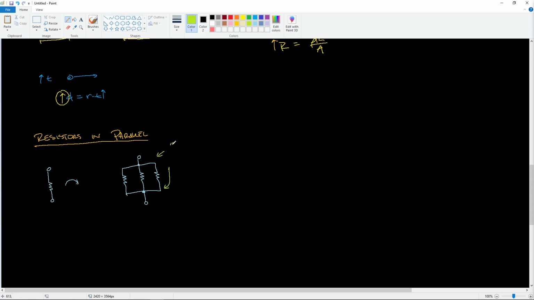If something is in parallel, it means that they share the same two connections, or nodes.